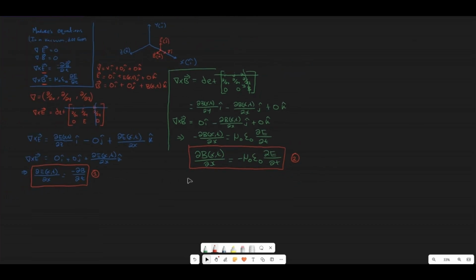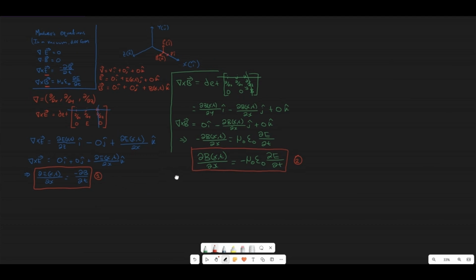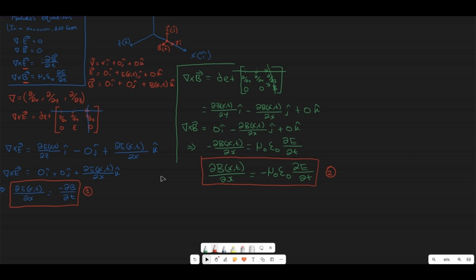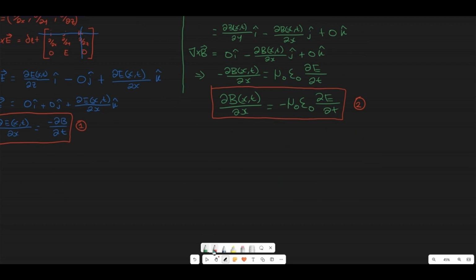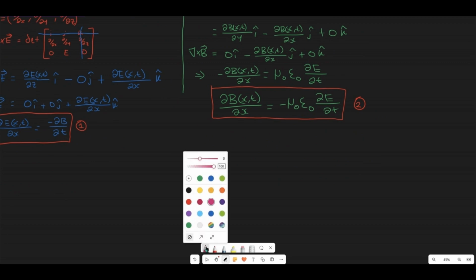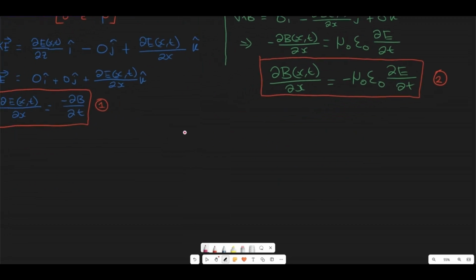So what's the whole point of doing all this? We're trying to solve for the velocity of some electromagnetic wave that is propagating through space. Luckily for us, there is a general wave equation, and the equation is as follows.